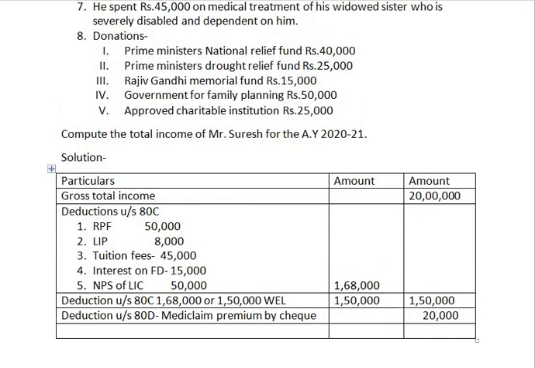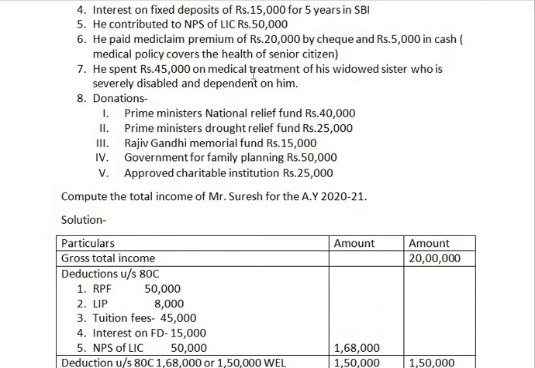Coming to next, now we are provided information regarding medical treatment of widow sister. This deduction comes under section 80DD, wherein if any dependent of assessee is disabled, only disabled, then you can claim 75,000 rupees as deduction irrespective of the amount spent. Suppose you have not spent a single rupee, still you can claim 75,000 rupees as deduction if the dependent is disabled.